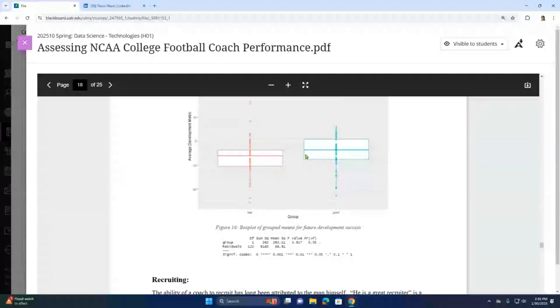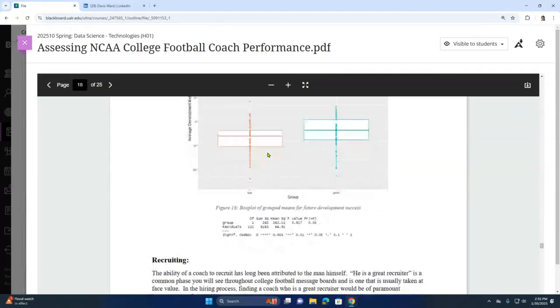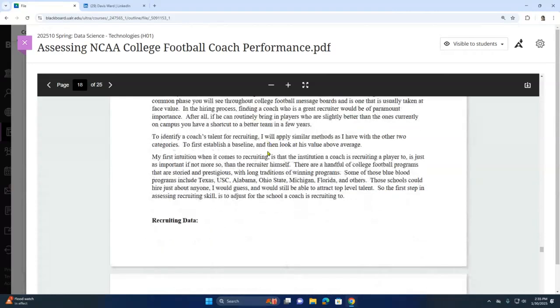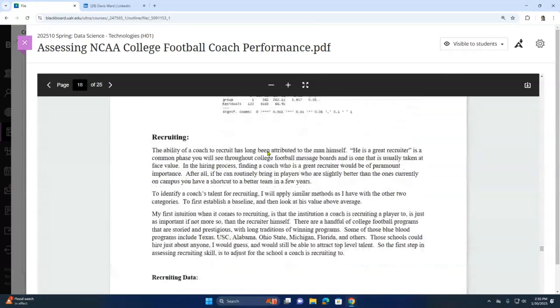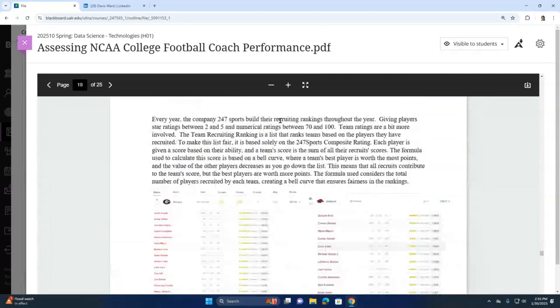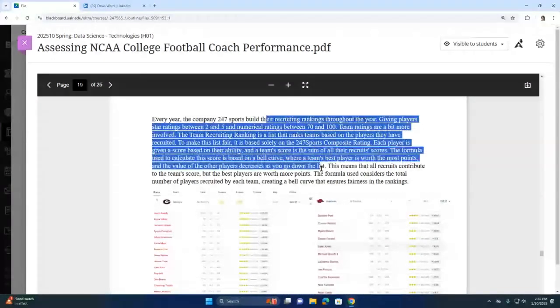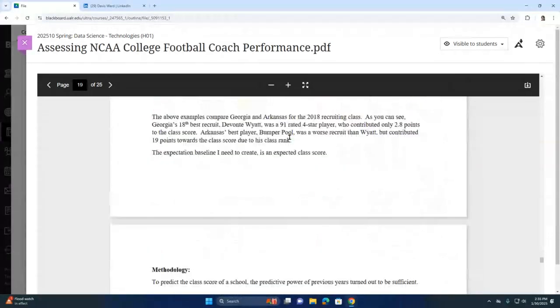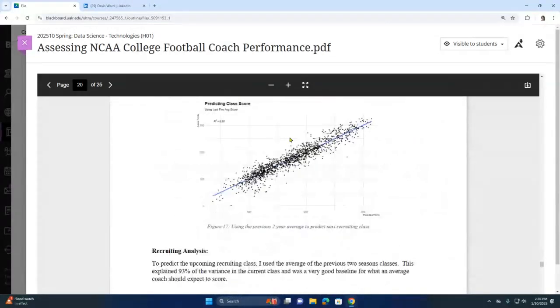And you'll notice that the reason he showcases the bad and the good is probably that the average group was not that statistically different. But certainly there was a difference between the top third and the bottom third. And for the recruiting, he was using recruiting rankings that were coming from these college football sites.